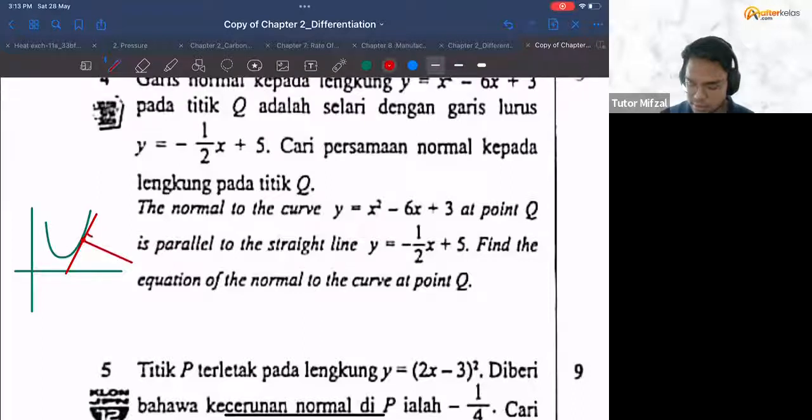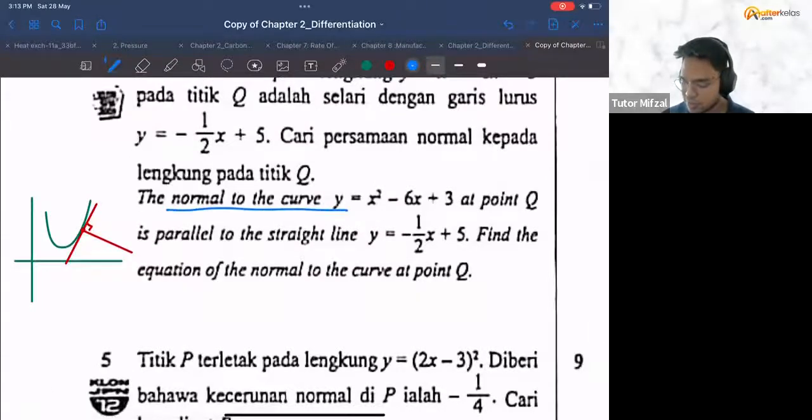Ni normal. This is normal. So dia kata apa dekat sini? The normal to the curve is y equals negative 1 over 2x plus 5. Then dia suruh kita cari, find the equation of the normal to the curve at point Q.